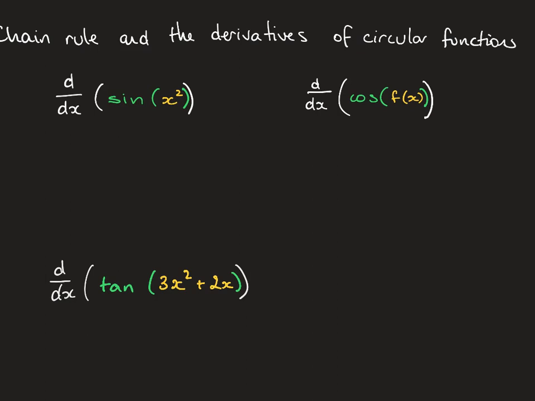And so if we wanted to find the derivative of sine, the derivative of sine is in fact the cos graph, and so our derivative is cos of x squared, and we need to multiply that by the derivative of our inner. So this will be 2x cos of x squared.